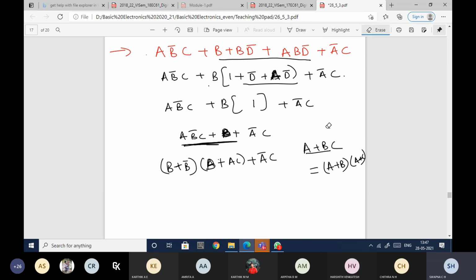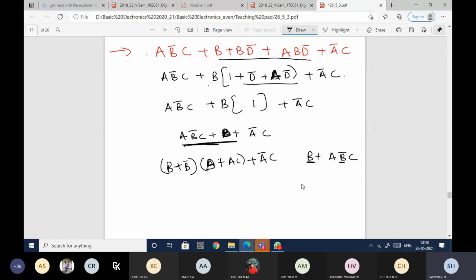This is the distributive property which I have used. I'll show you how I've written this separately here. So I have B plus A B bar C. This is how I have. I will use the distributive property here, and when I'm splitting it, I'll see to it that B and B bar come together.